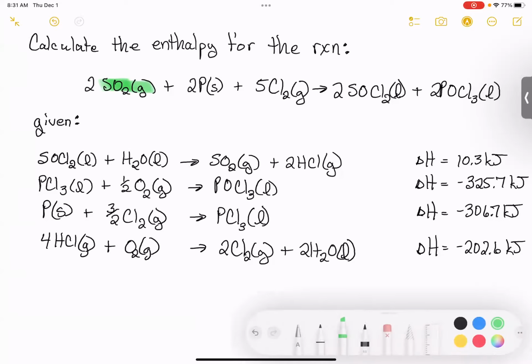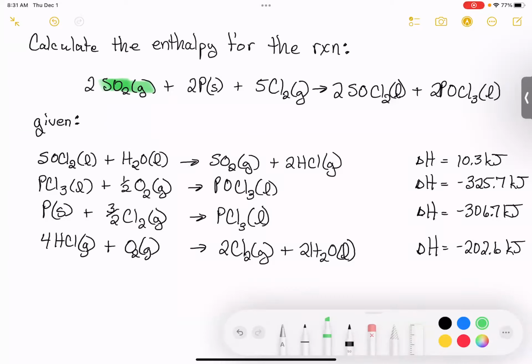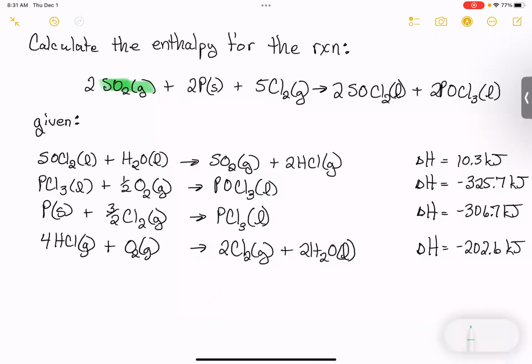When you look for an equation that involves SO2 gas, the only one you're going to find is this first equation. None of the others have SO2 gas in them. Now, as I'm looking at the target equation, which is what I call this first one, I notice that the SO2 gas is a reactant. But in the equation I was given, it was a product.